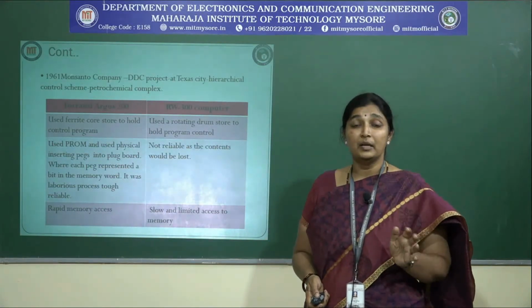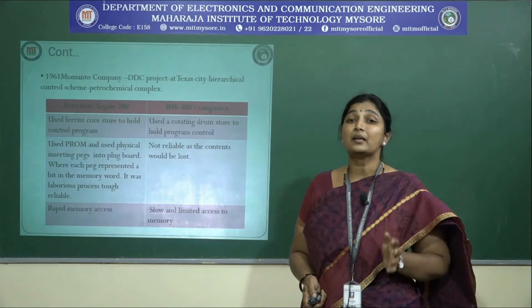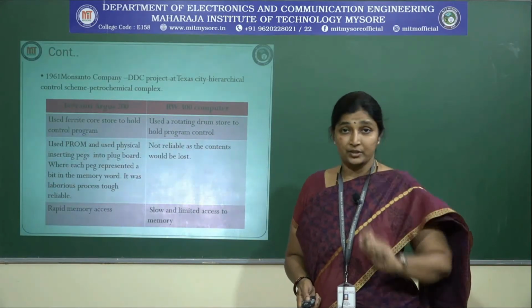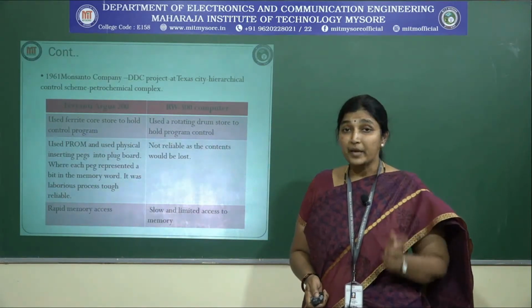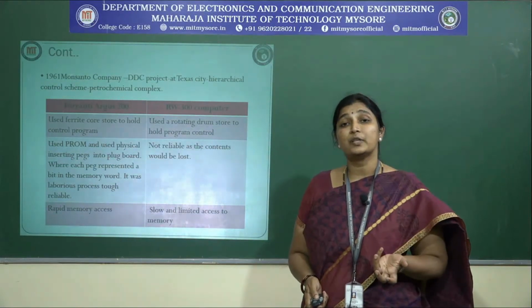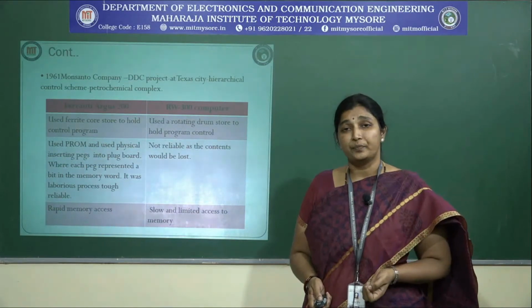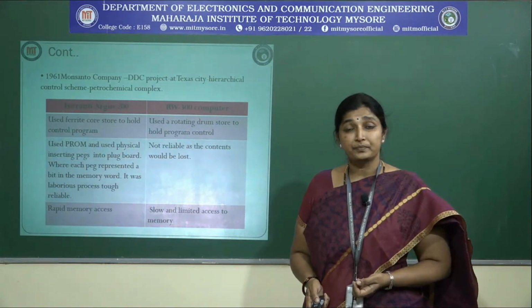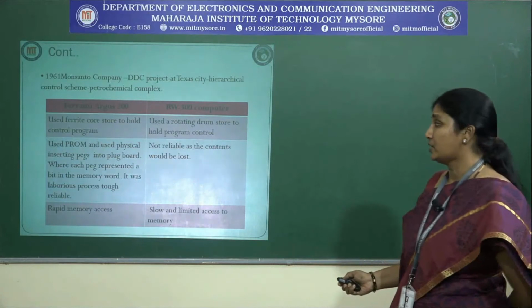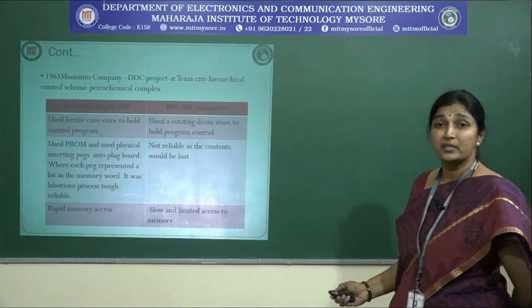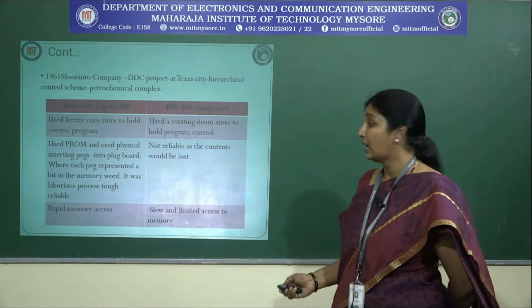Though it is reliable, the information is not lost unless the pegs are dislodged. Only then is the content of the information lost. Else it was useful and reliable too. The only drawback was that it was laborious and very time consuming.